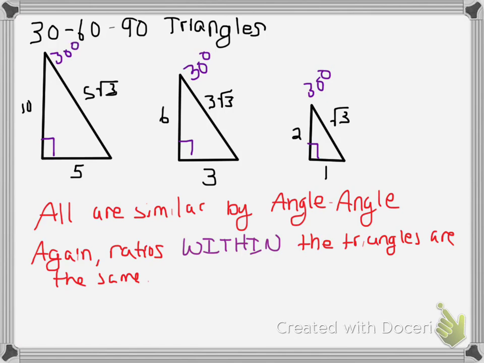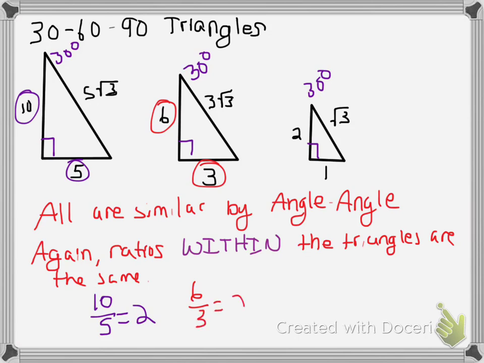So we can do this again with our two legs. The long leg over the short leg, 10 over 5 is equal to 2. You look at the next one, 6 over 3 is equal to 2. And then the last one, 2 divided by 1 is equal to 2.